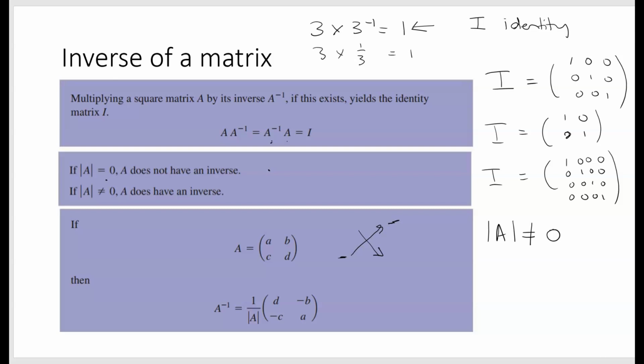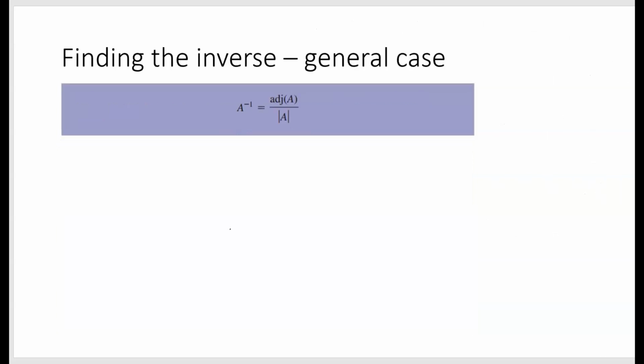The reason that we need to find the inverse is because we can't actually do division, so we need to find the inverse instead of dividing. Remember, the parallel lines are the determinant, and these little letters we pronounce A, D, J, we call that the adjoint.